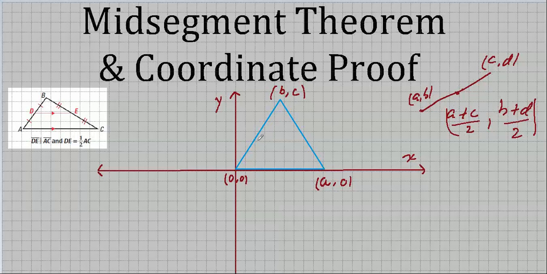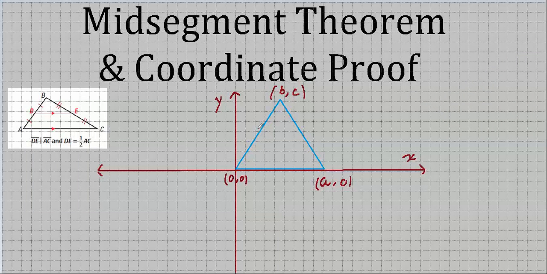Well, we're going to apply that here. Now, finding the mid-segment of this section should be pretty easy because we got a (0, 0) down here. So, what's this midpoint? Well, I'd say it was (B plus 0) over 2, or B over 2, and C over 2.